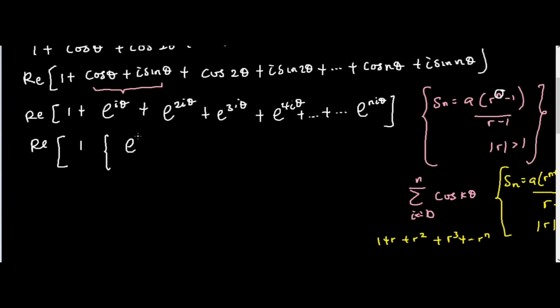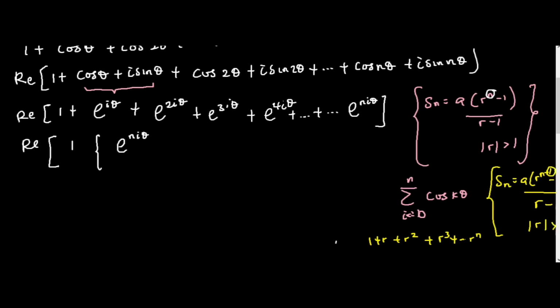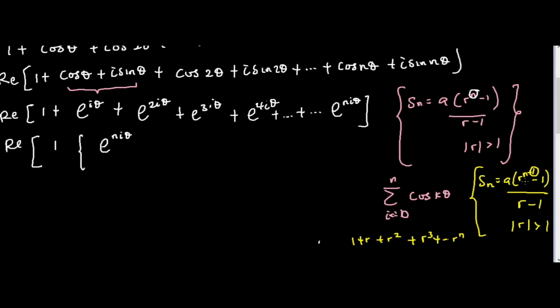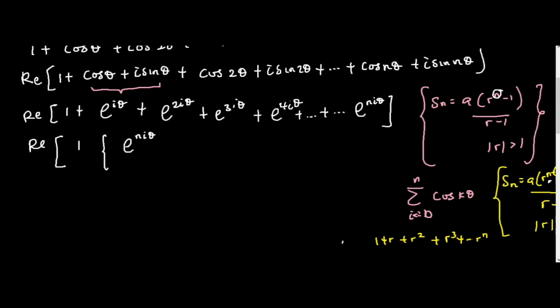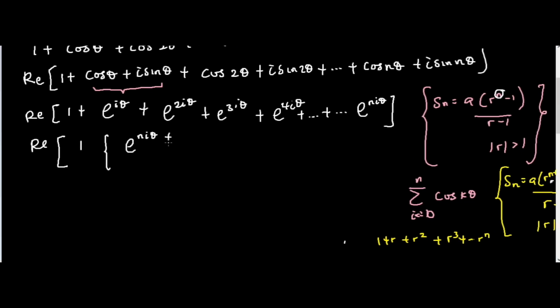So n I theta, that's serving as my n here, serving as my n in this formula, right? Plus 1. Now what's my 1? That's the growth power. What's the growth power here? I theta. Do you get? Minus 1. So I've done the up over r minus 1. What's our r now? e raised to power I theta, right? Minus 1. So this is the series we've just formed.